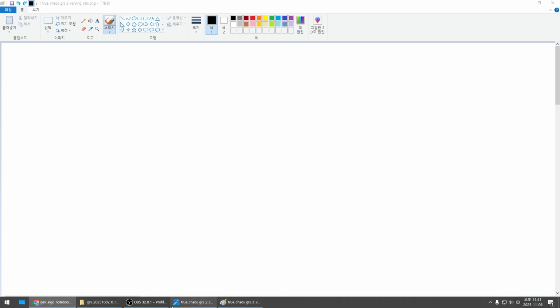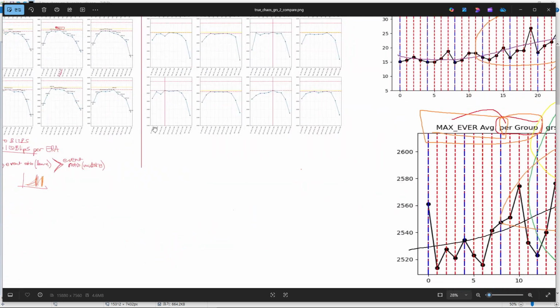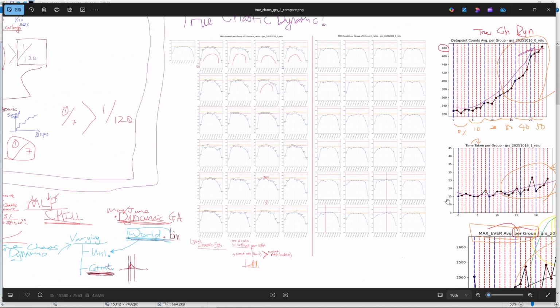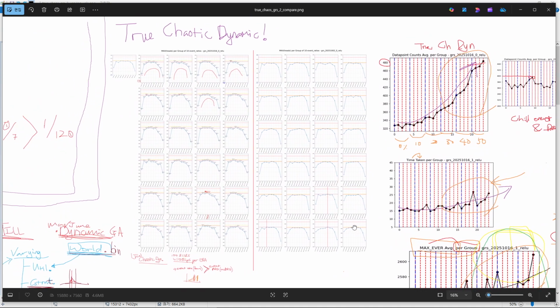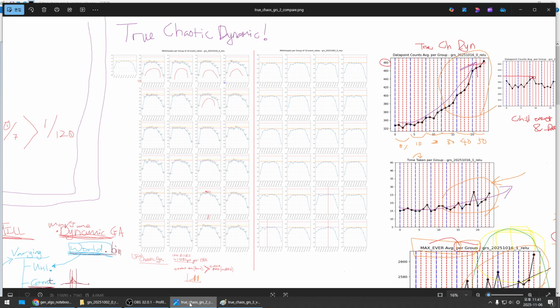So, in my last video, I remember saying that I need to do a couple more grid searches for true chaotic and true chaotic dynamic genetic algorithm, which I did.